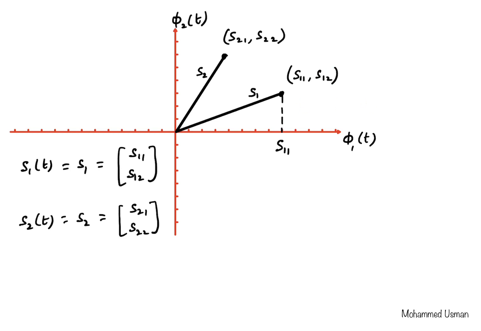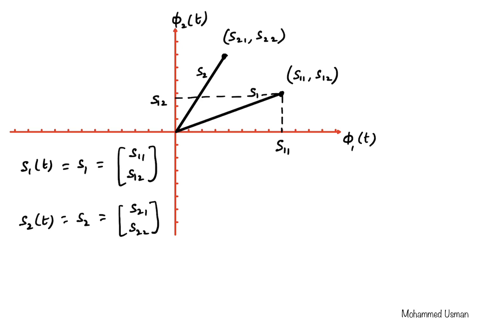So if we shine light from this direction, the shadow of this line will fall on the y-axis, which is the axis for phi2 of t, exactly till this point, right? So that will be the projection of S1 of t onto phi2 of t, which we will call S12. So that's basically the y coordinate value for that particular point.